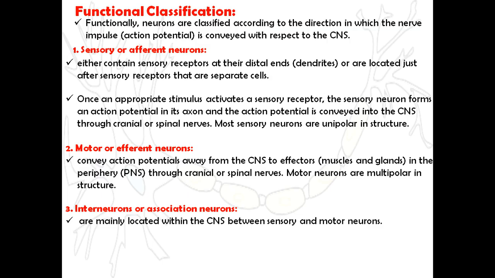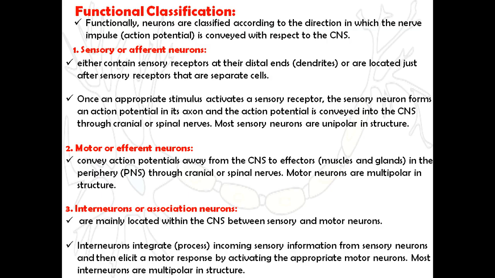They are mainly located within the central nervous system between sensory and motor neurons. Interneurons integrate incoming sensory information from sensory neurons and then elicit a motor response by activating the appropriate motor neurons. Most interneurons are multipolar in structure.